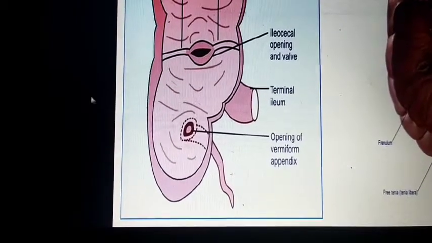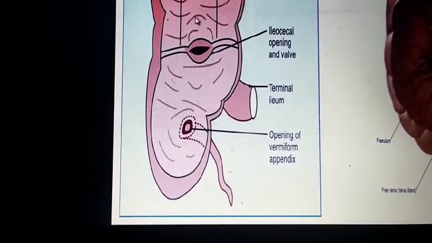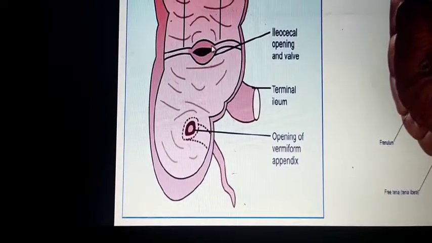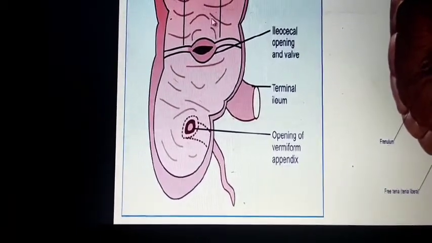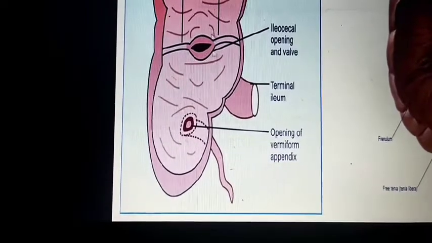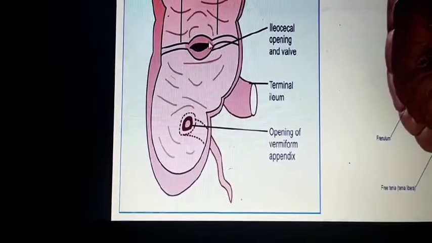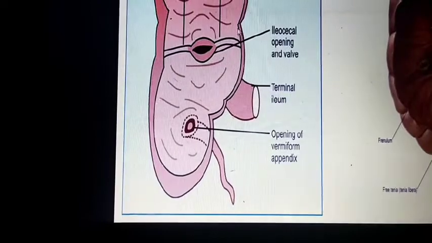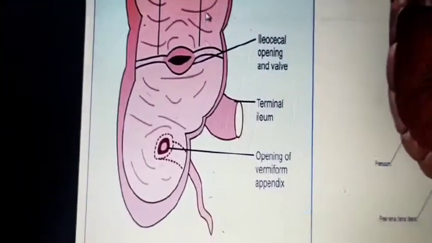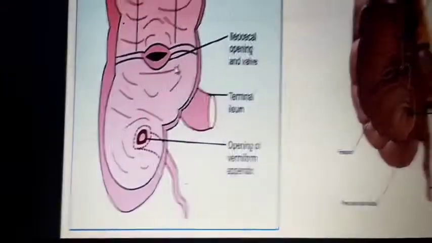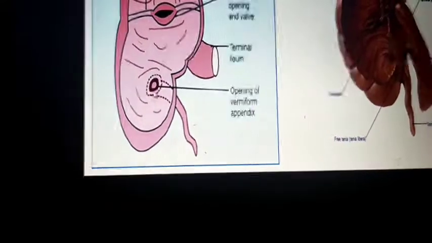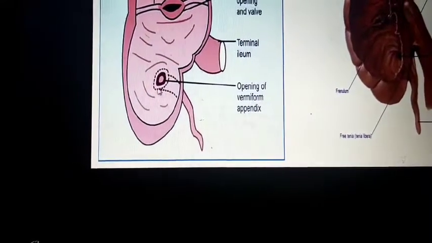From here, the cecocolic junction starts. This is also called the ileocolic junction, also called ileocecal. From here only, the cecocolic junction started. And this is the opening of the appendix, guarded by one valve, the valve of Gerlach.